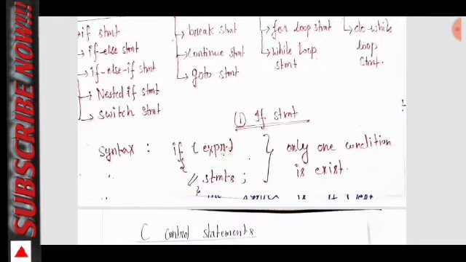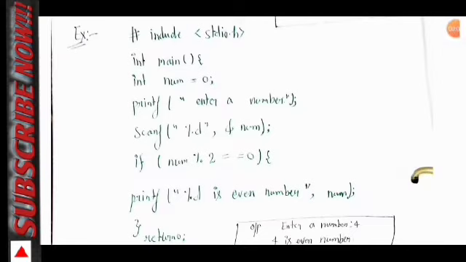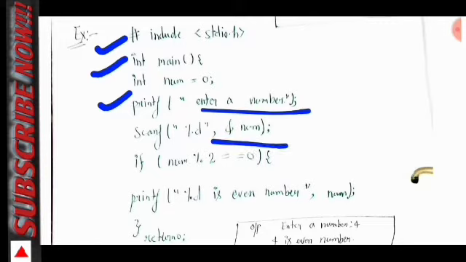Now, in the given example we find only even numbers. Firstly we take all the inputs, like #include <stdio.h>, then int main, the main function of the given program, and initialize the number like n equal to 0. Then print the statement like enter the number and scan the number.